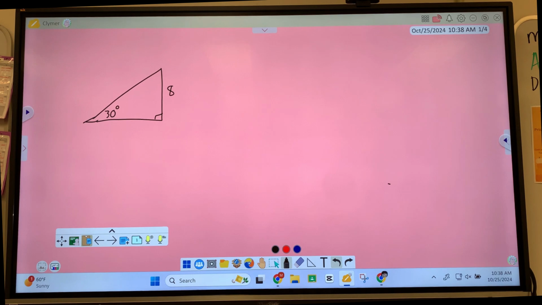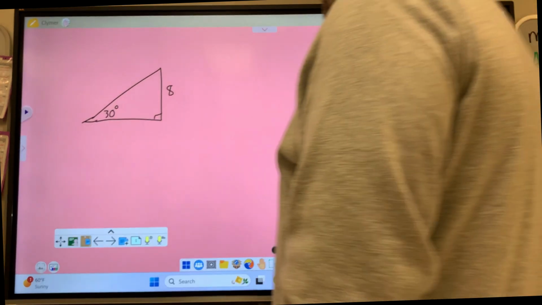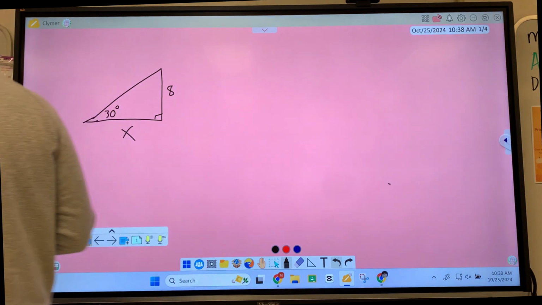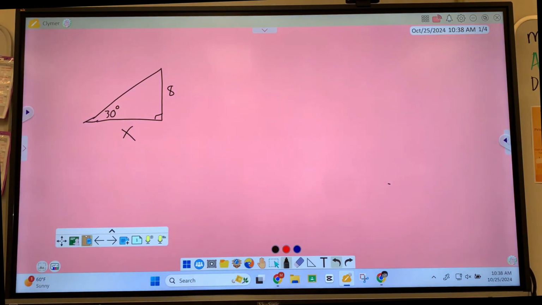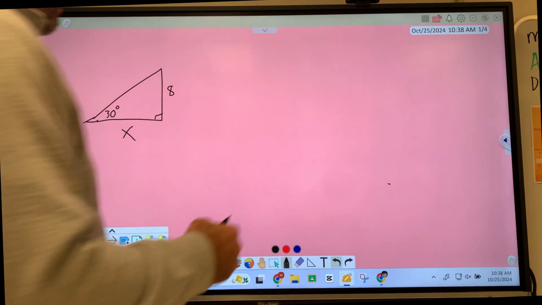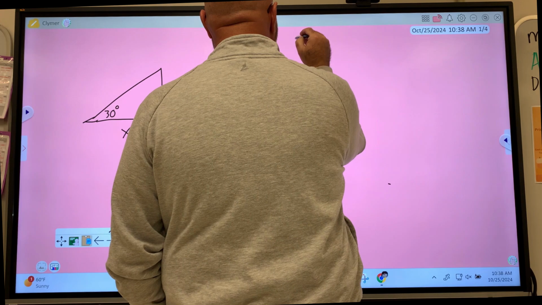That's where this is going to become important and useful to us in physics, because we're going to be given maybe an angle, maybe we're given sides, maybe we're given whatever, but we're going to be able to solve for the rest of this. So if I am trying to solve for this side of the triangle, for whatever reason, it doesn't really matter, we're trying to find the length of something, the height of something, whatever. X is what we're solving for. So we need to figure out what part of SOHCAHTOA is going to be handy here. S.